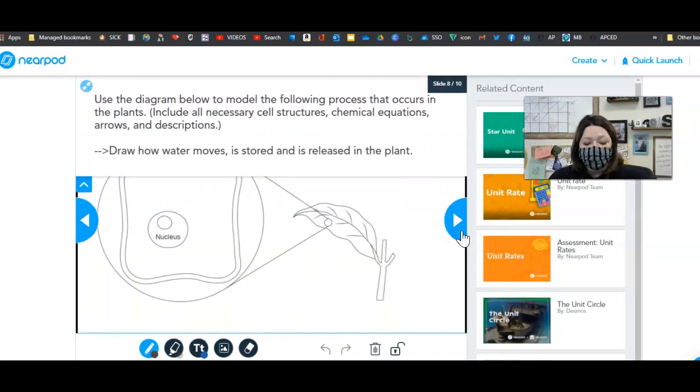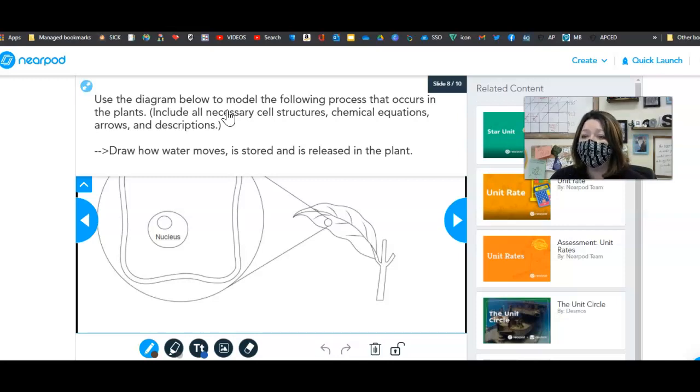All right. Now the drawings are where we had a lot of problems. The drawings, I feel like a lot of people just didn't read fully what you were expected to do. You are to create a model. Okay, this is not paragraphs. This is not sentences. You're drawing. You can use labels and brief descriptions, but you are not to just superimpose a whole bunch of paragraphs on top of this image.